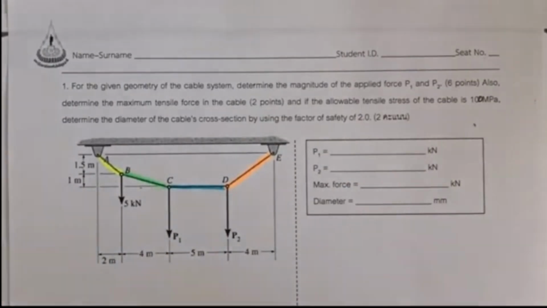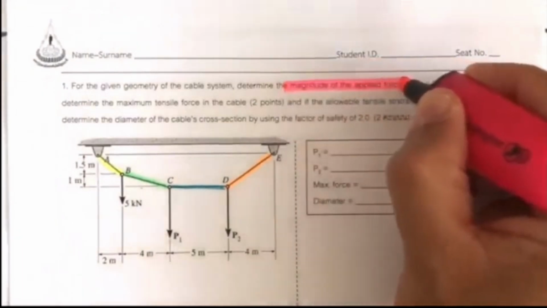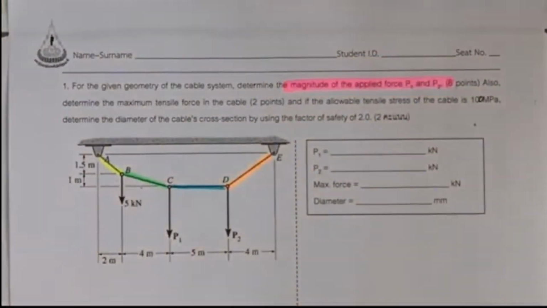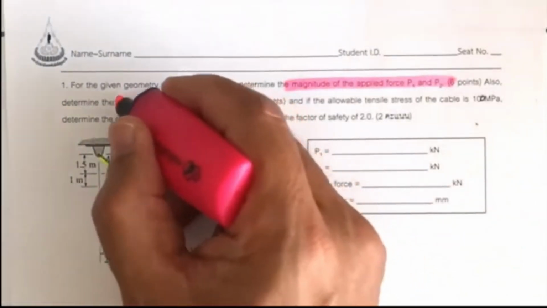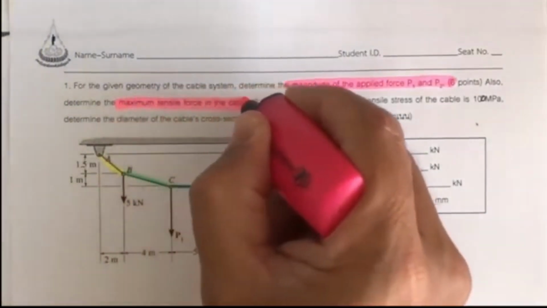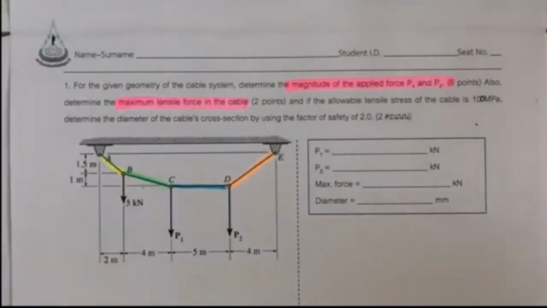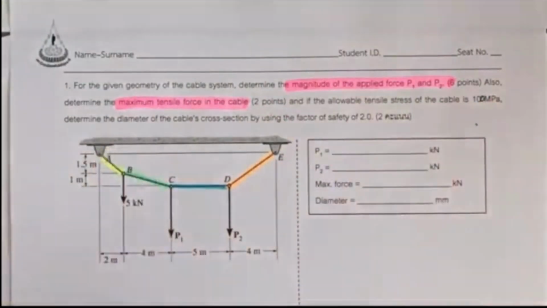They are asking us to determine the magnitude of the forces P1 and P2. They also ask us to determine the maximum tensile force in the cable. And later they ask us to find the diameter of the cable.